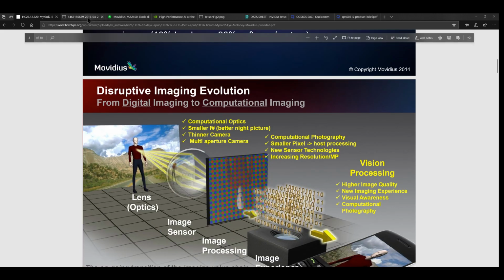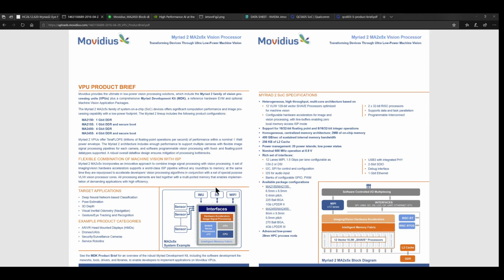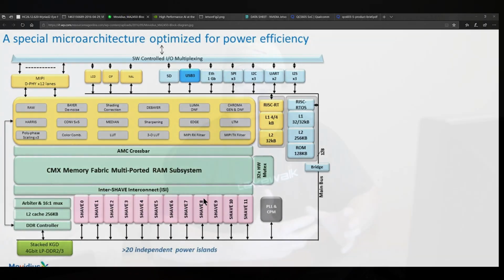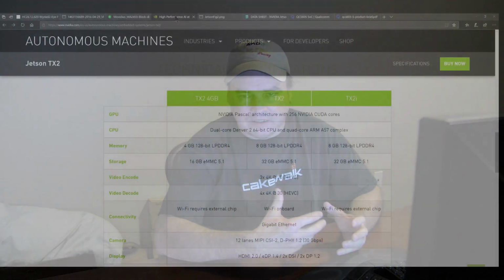I did some more digging. I found the product brief online and block diagrams and things like that that cover the Myriad. I also found a more detailed block diagram as well. So I started studying all of this information to get a sense of what the Myriad 2 is capable of doing. And then I did the same thing for the Jetson NVIDIA part.